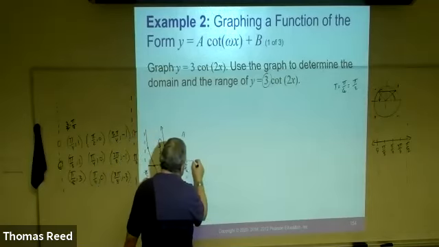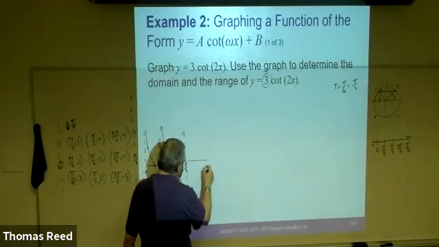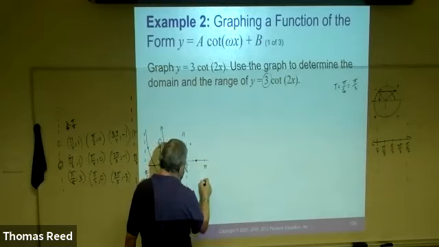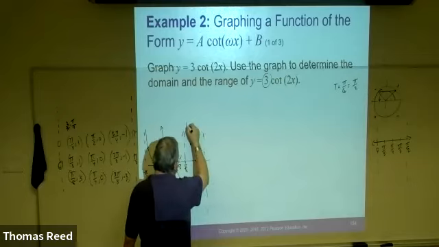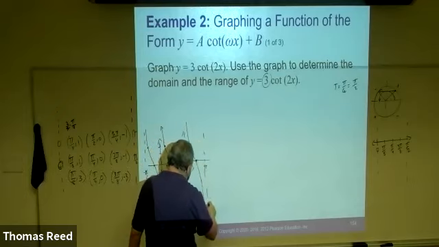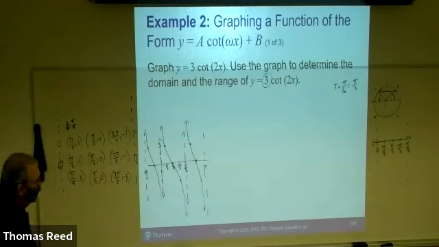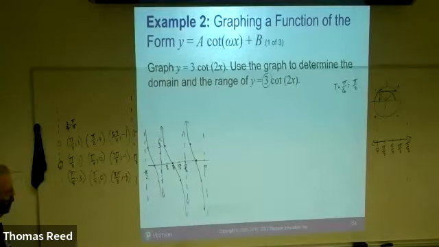And then over here, from half a pi to pi, and then halfway between, so that's there, and then halfway between here, I'm up here, and halfway between here, I'm down here, and then I draw on that line. And there we have it, not drawn to scale in any shape, way, or form.